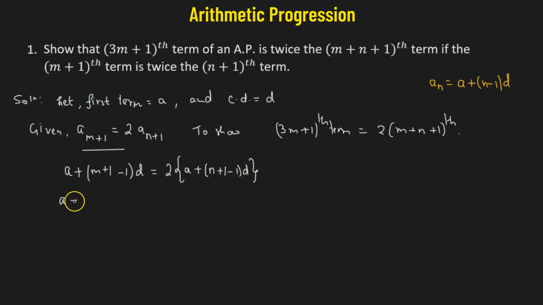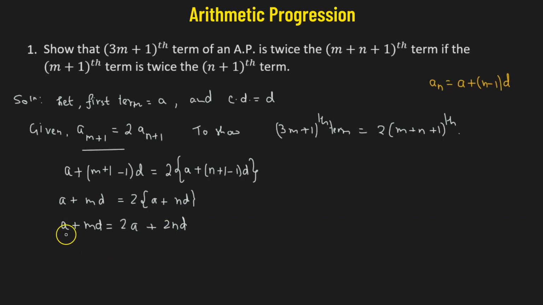So we have a plus md equals 2 times a plus nd. This gives us a plus md equals 2a plus 2nd.